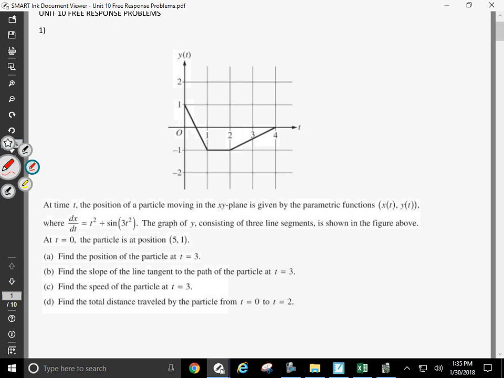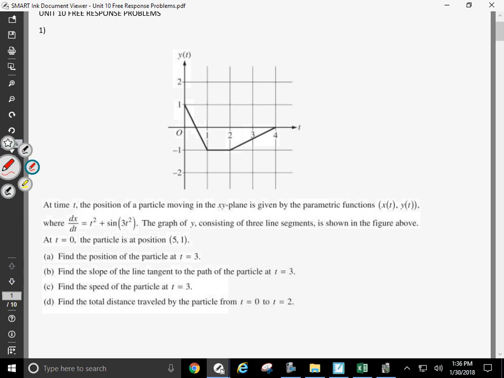You'll see that if you don't know what's going on, if you don't know how to find the speed, don't understand how to find the position, this could be kind of tricky. However, out of all of the types of free response problems seen on the BC test, students wish that one of the 6 every year is a parametric equation question like this.